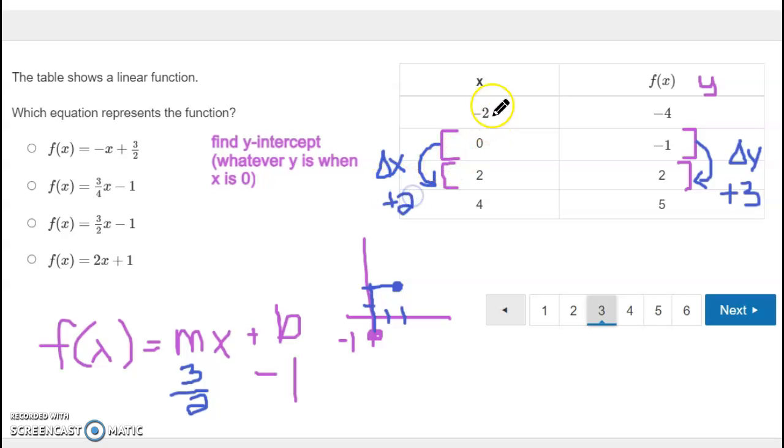And that's actually the pattern with all the x values and all the y values. So our rise over run is 3 over 2, and that means our correct option is going to be option C. The one with the 2/3 x minus 1. And again, that y value is the same thing as writing it as f of x.